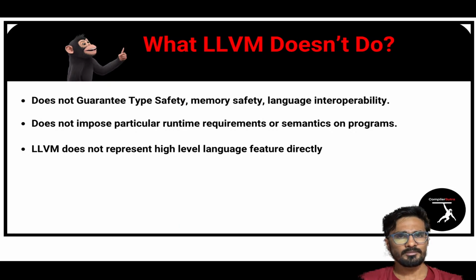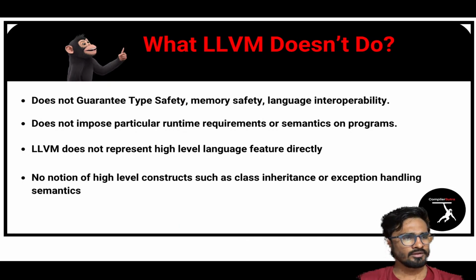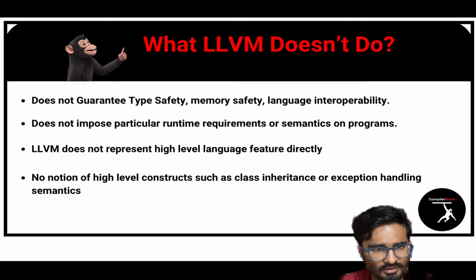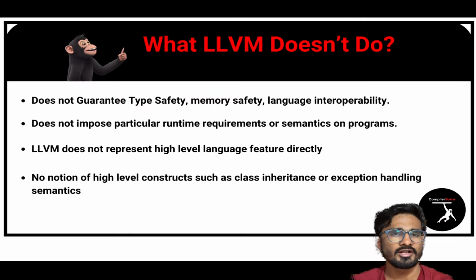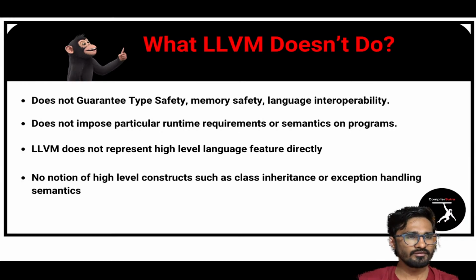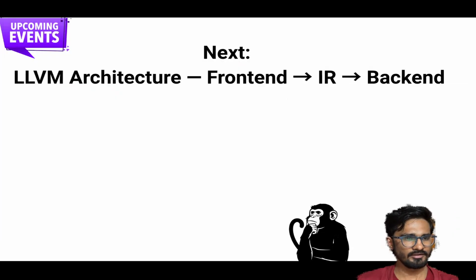It does not represent high level features directly. For what LLVM does not do, I need to take more sessions, because each topic I mentioned here, like guaranteeing type safety, memory safety, and language interoperability, can have a separate class. But just keep in mind that in upcoming lectures all these things will be clear, how and why it is not able to do them. So there is no notion of high level constructs such as classes, inheritance, or exception handling semantics.